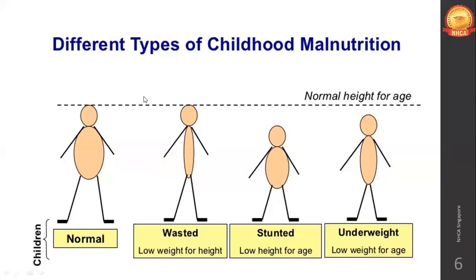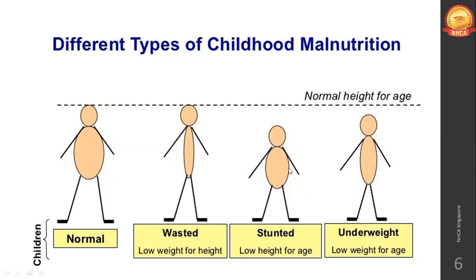So these were different types of childhood malnutrition. You have a normal child with a normal height and weight. A child who has wasting: height is approximately normal, but the body is severely thin, with no subcutaneous fat and no muscles.